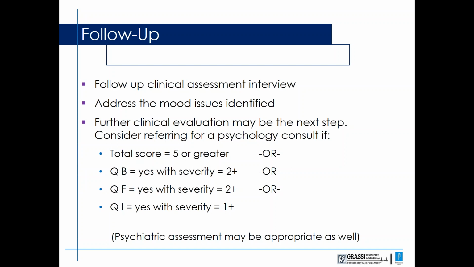When it comes to looking at the scores as a whole, it's recommended that if they score 5 or higher, and it's usually 10 that will trigger reimbursement, like the, Joe, it's the split half, is it called?